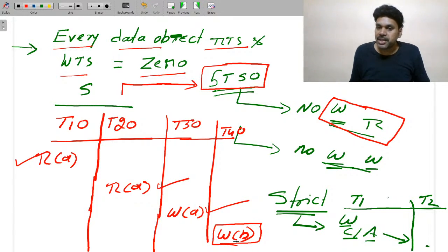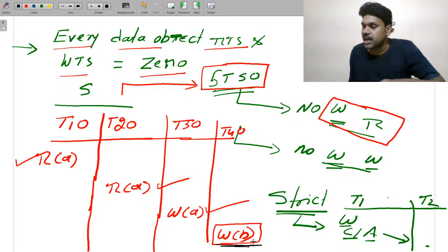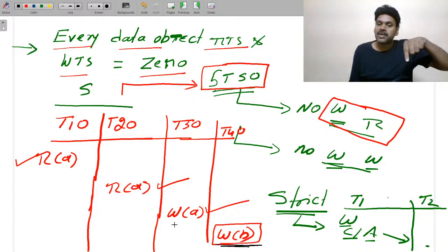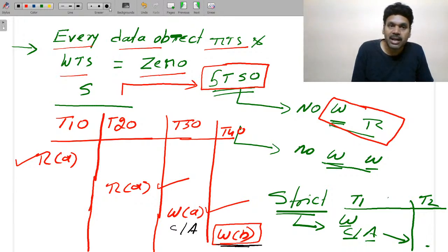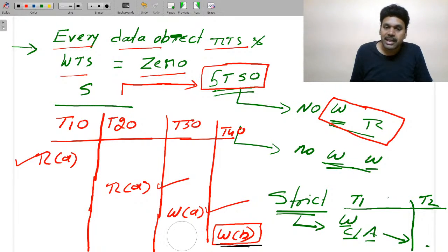If it is object A, then there is a requirement of commit or abort here. As it is object B, that is not required. It's quite alright.